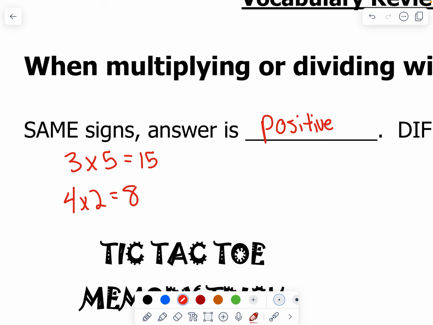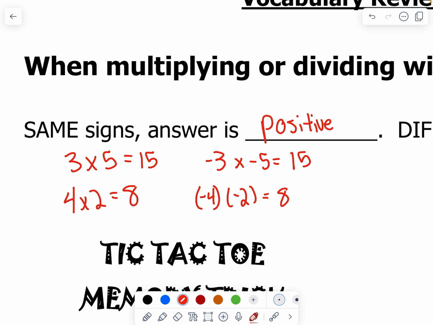So you've done same sign multiplication before and you've gotten positive answers. The same is true for negative signs though. So if I did negative 3 times negative 5, that is also positive 15, and negative 4 multiplied by negative 2 is going to be positive 8 still.